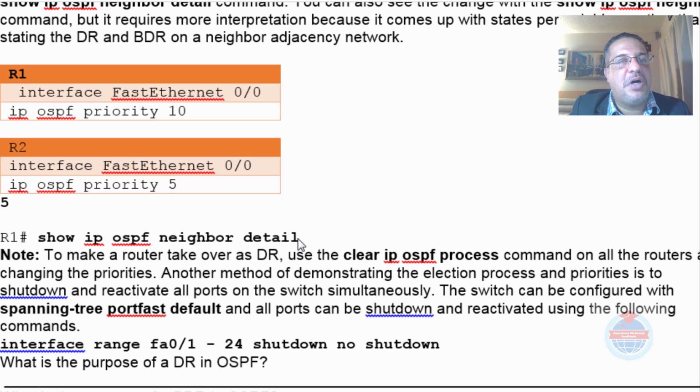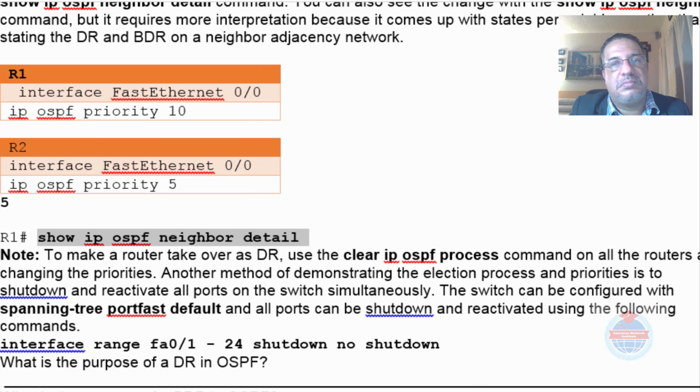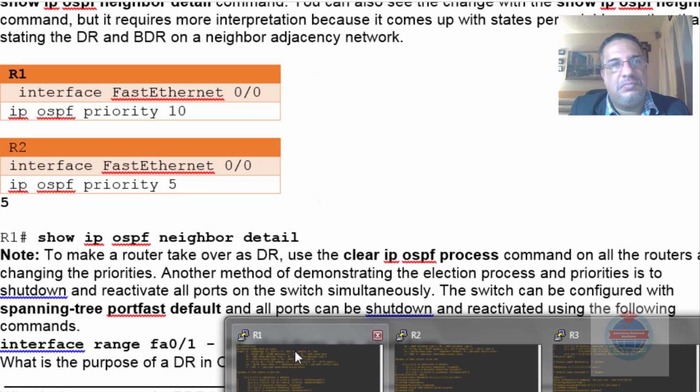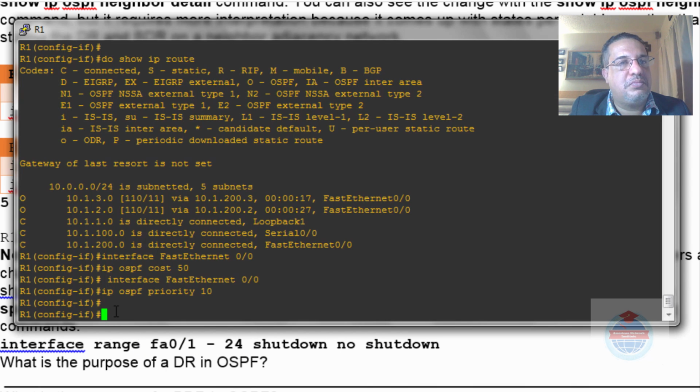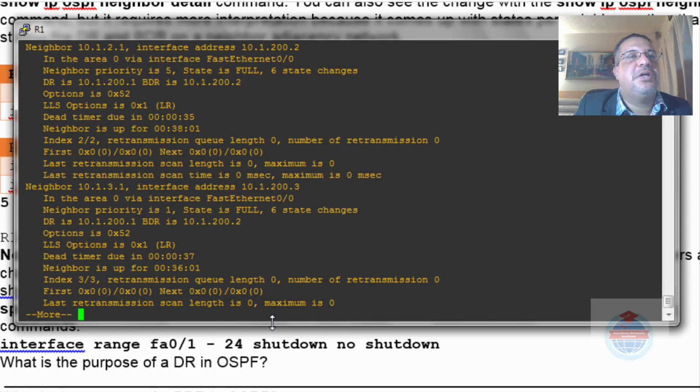Now on R1, we're gonna do what we mentioned that we were going to do previously. If I do that, I need to put do first, so it's one layer down.